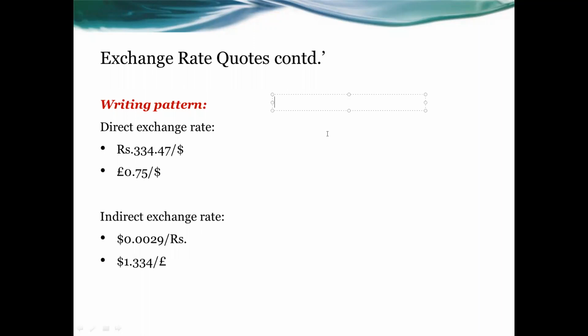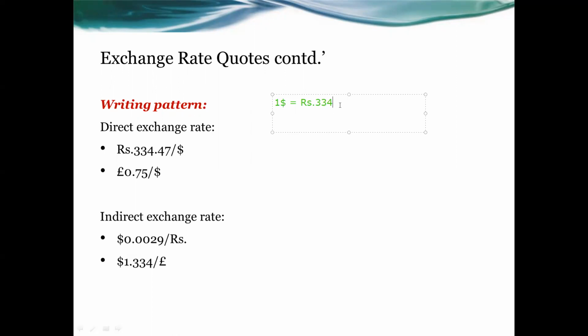Then, I wrote the example for you as $1 equal to rupees 334. That is for my explanation purposes. But remember, in international finance, when we write a foreign exchange quotation, there is a style, a pattern.